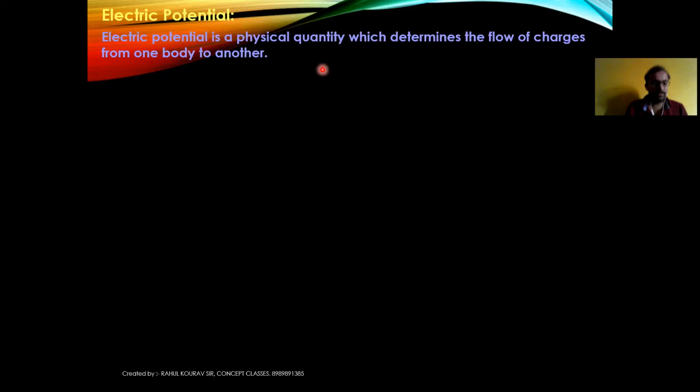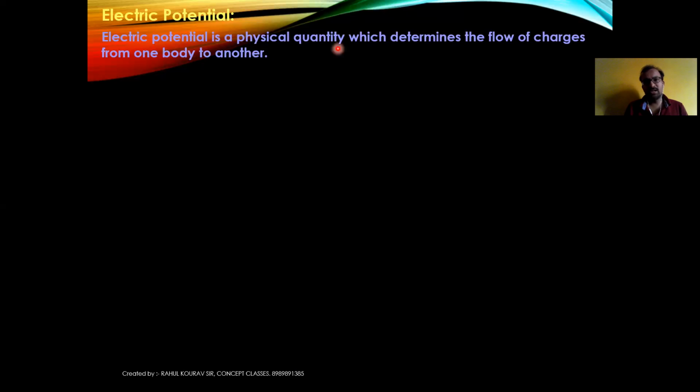Similarly, in the case of potential, the flow is from high potential to low potential. When you use appliances in your household, electricity always flows from high potential to low potential. It will not flow from low potential to high potential, and it continues till the potentials become equal, right? So keep this in mind.